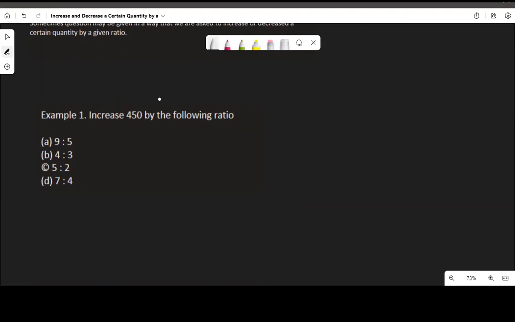We are to increase 450 by the ratio of 9 to 5. That means, remember, 9 to 5 means 9 over 5.